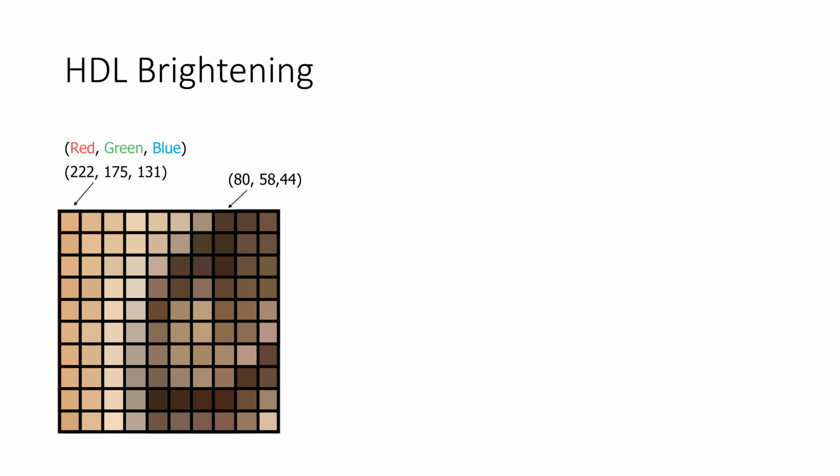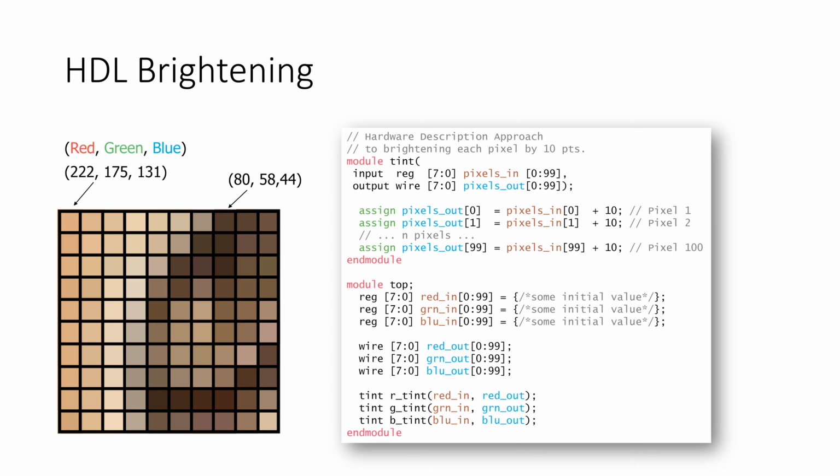Now, we can accomplish the exact same goal in one clock cycle using an FPGA. This is a crude implementation, but it demonstrates the point. Basically, what we have going on here is we have all of our red, green, and blue pixel grids represented in an array of registers, and we have our output wires right here, and we have our module that does the digital logic necessary.